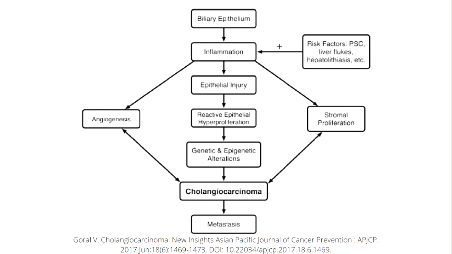Here we have the biliary epithelium, and if inflammation occurs, contributed by the risk factors, which are the liver flukes, hepatolithiasis, and etc., it could lead to epithelial injury, and then it could result in reactive epithelial hyperproliferation, genetic and epigenetic alterations, which can lead to cholangiocarcinoma, and if this disease progresses, it could lead to metastasis.